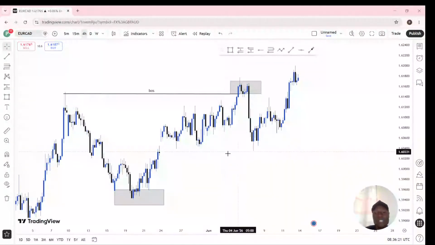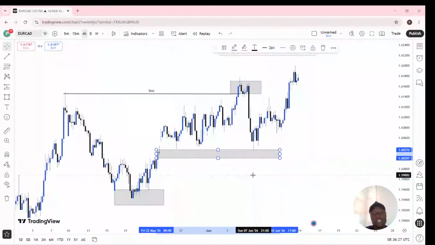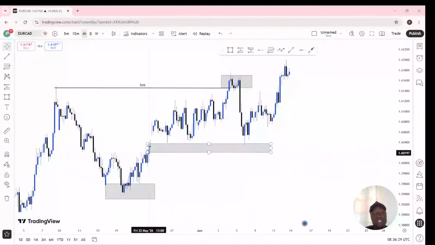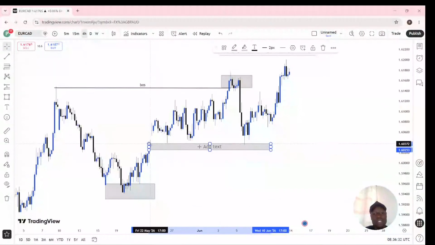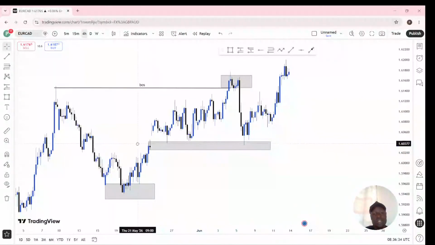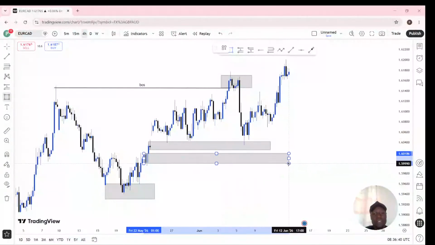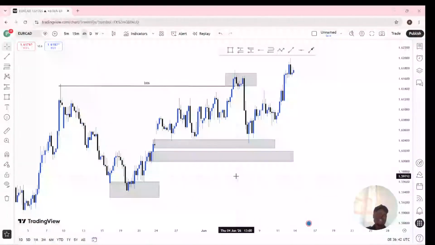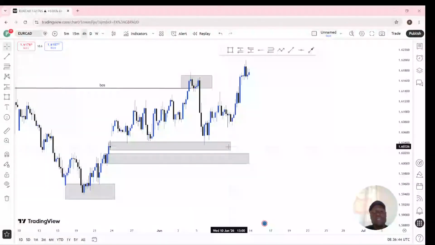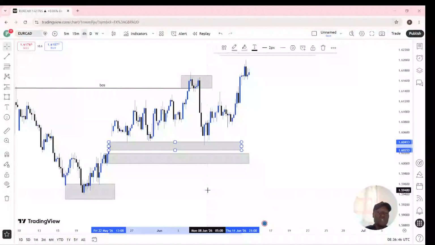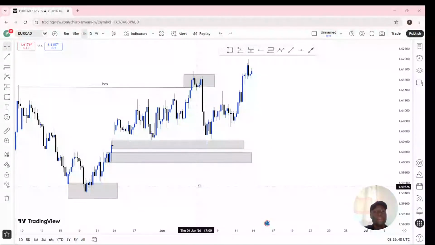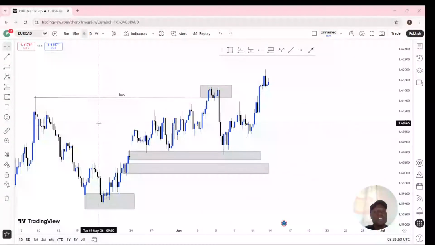Now we had to first identify all the points of interest that were in our discounted zones. For example, we had this point of interest, and then another point of interest right here. Traders, always remember that if you are marking points of interest, make sure that they are in a bigger time frame, for example the 4H.